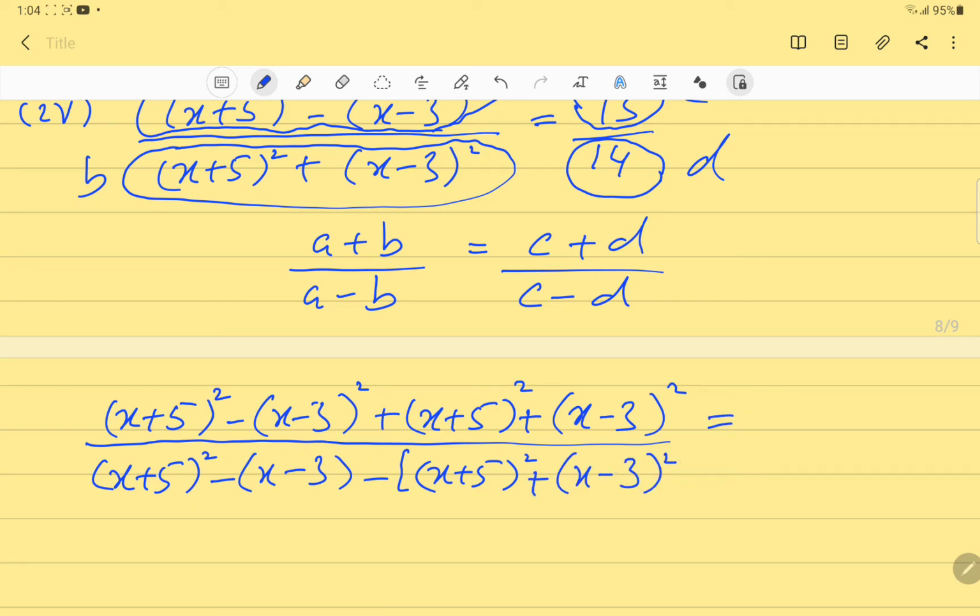On the right side we have C plus D, which means 13 plus 14, and C minus D means 13 minus 14.